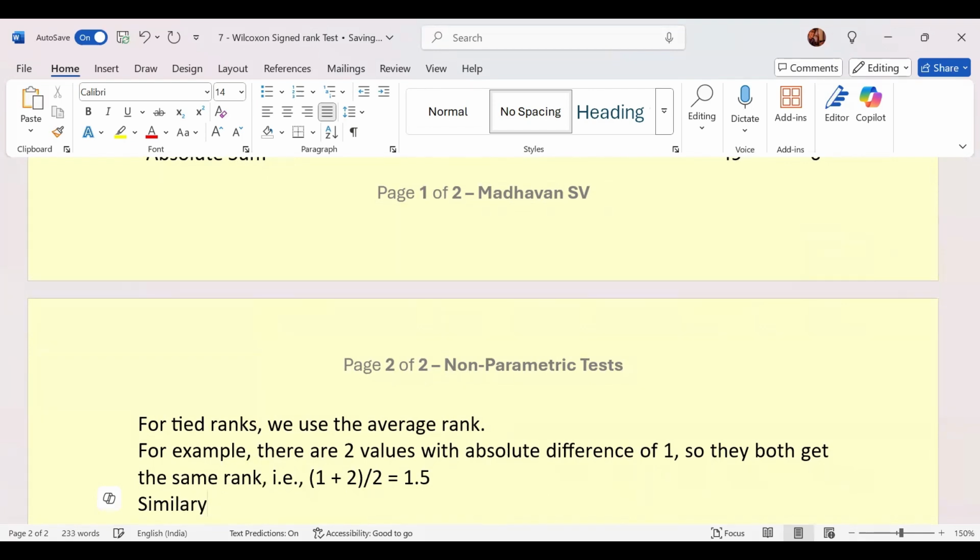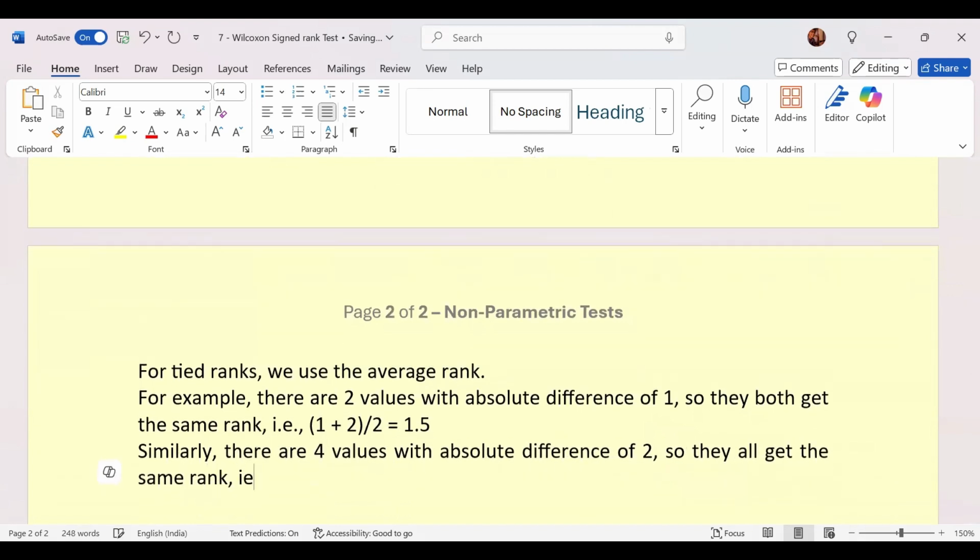Similarly, there are 4 values with absolute difference of 2. So they all get the same rank, that is, you may notice that those people are sharing third rank, fourth rank, fifth rank, and sixth rank. 3 plus 4 plus 5 plus 6 divided by 4. So that will give you 4.5. That is the reason we put 4.5 and 1.5 over there.